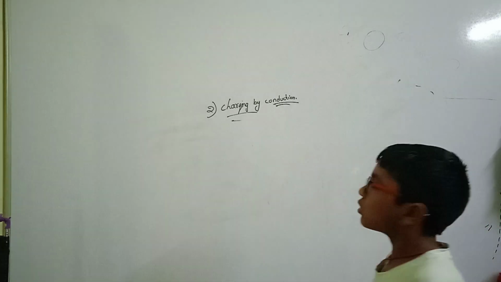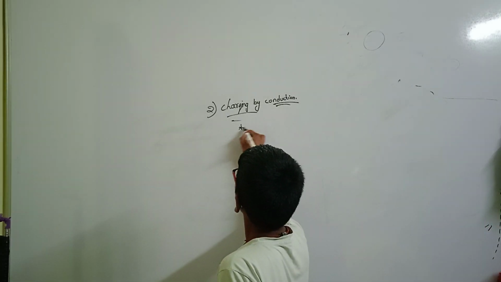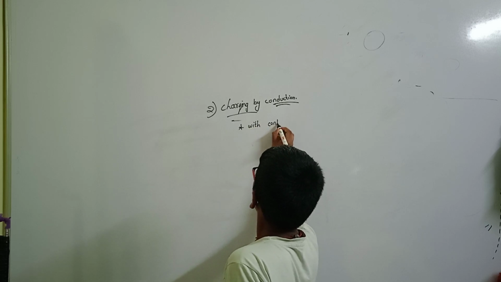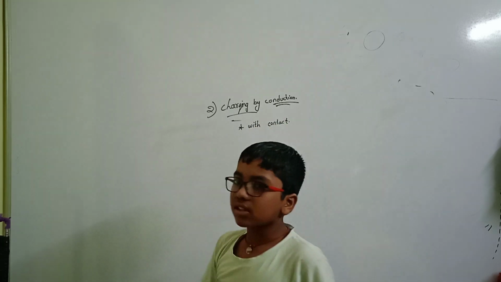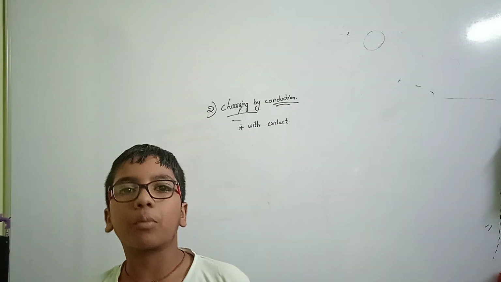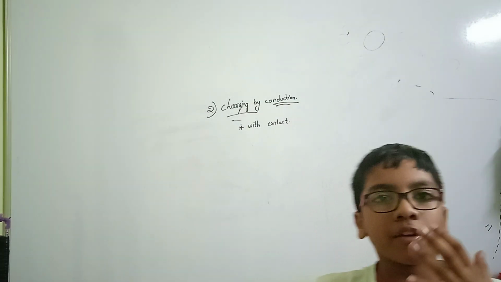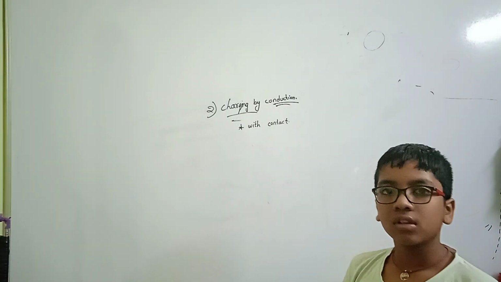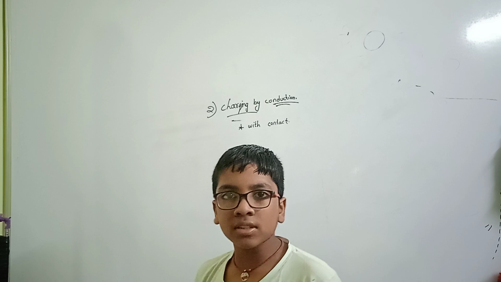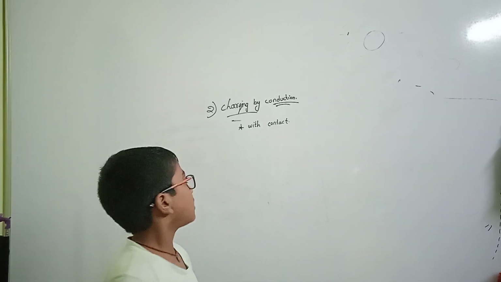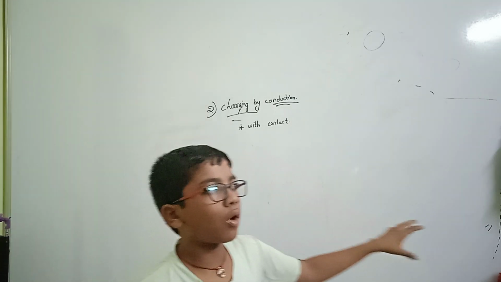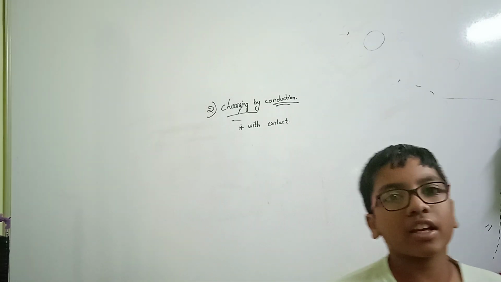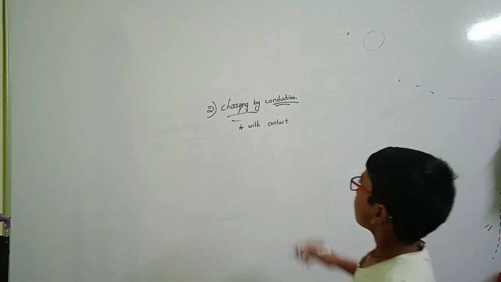This is somewhat opposite to induction. The first point is with contact. With contact, the charges will transfer from one body to another body. If you want 10 rupees and I want 2 rupee coins, I have 10 rupees and you have 2 rupees, we can both exchange. Means two bodies, one wants positive and another wants negative; they can share and they can carry.